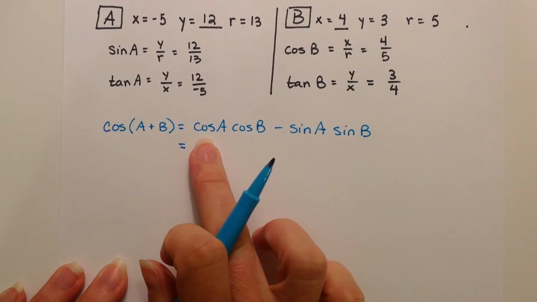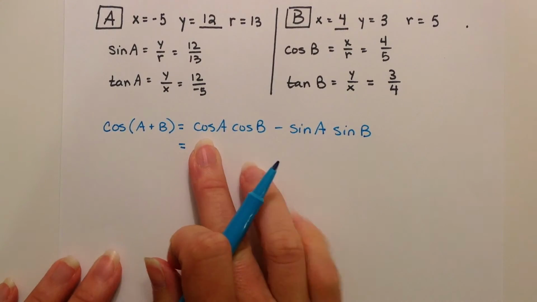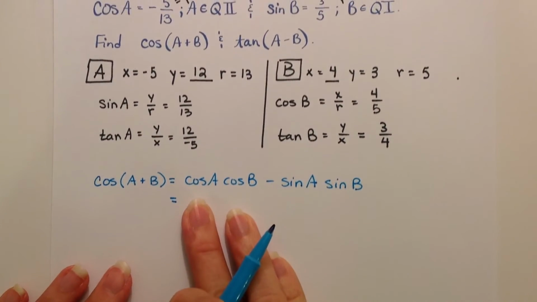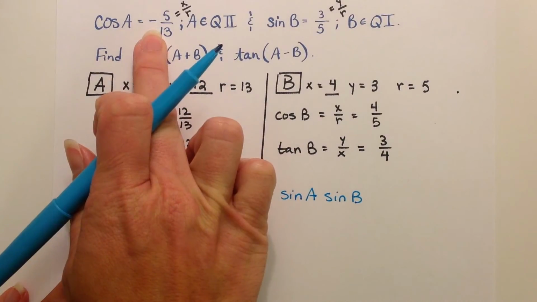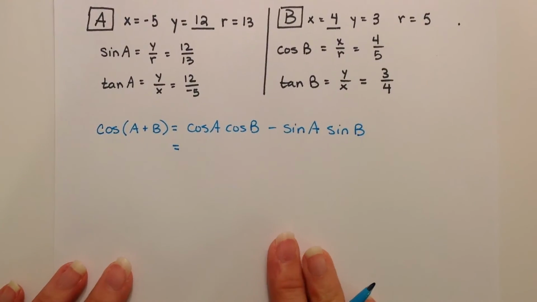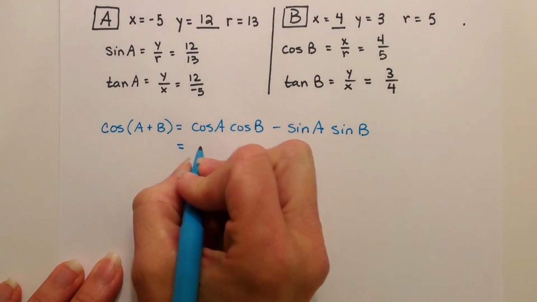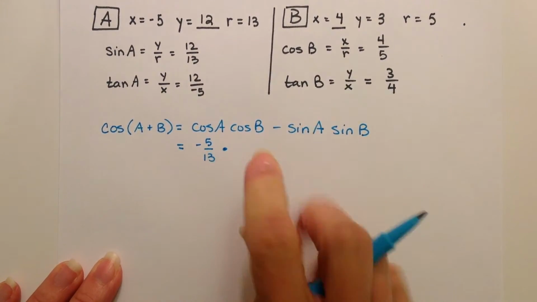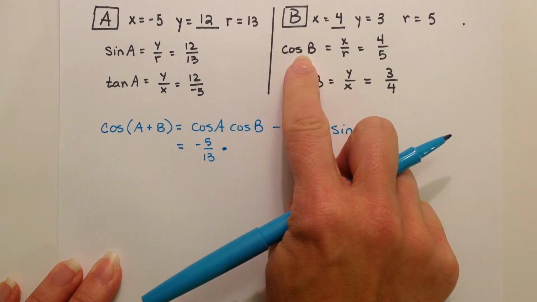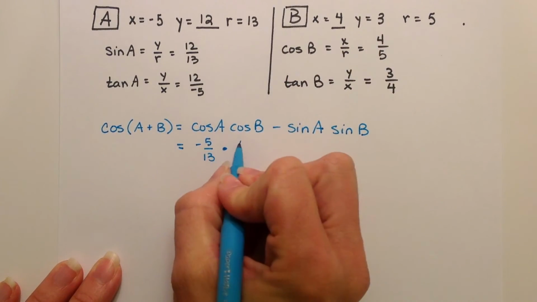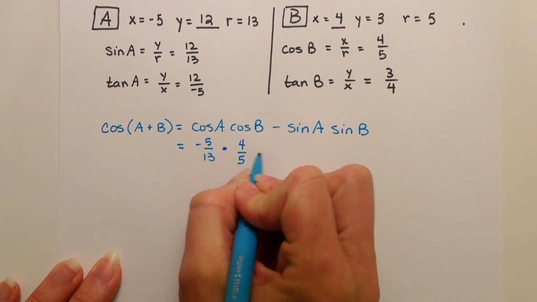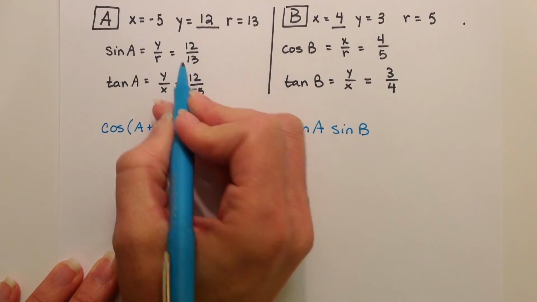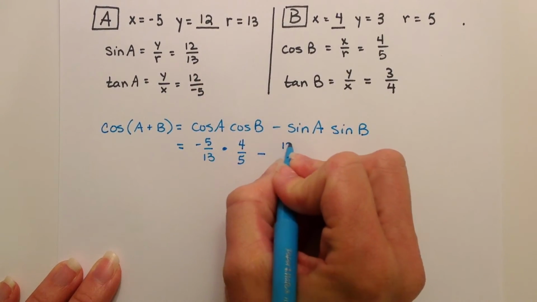Okay, first of all, we need cosine A. Now, cosine A was given to us. That was the negative 5 over 13. Okay, so I'll substitute in that value. Then I need cosine B, which is one of these here that we found, so that's 4/5. And then I need sine A, so sine A we found to be 12/13.